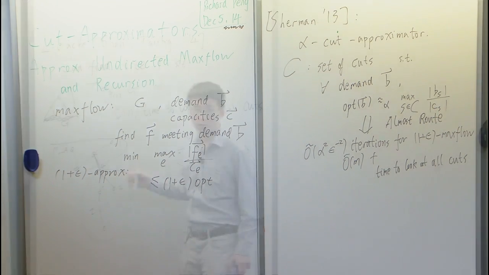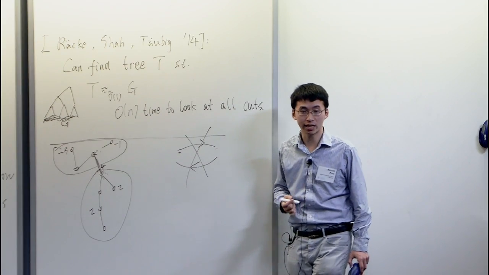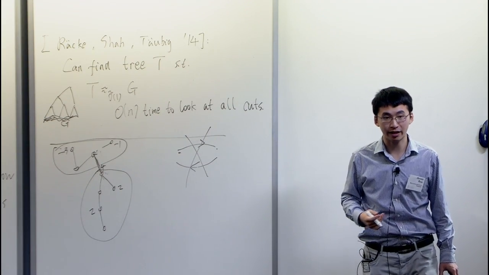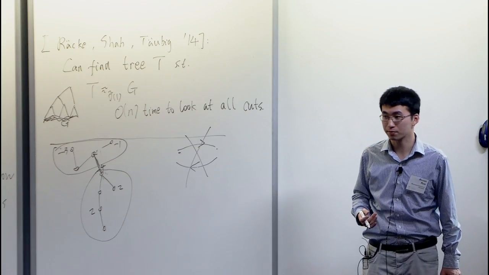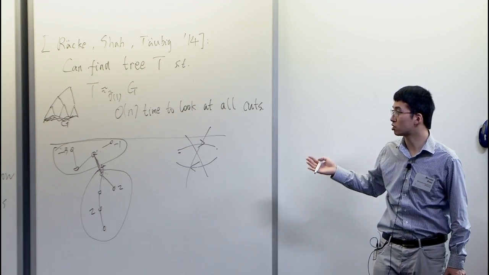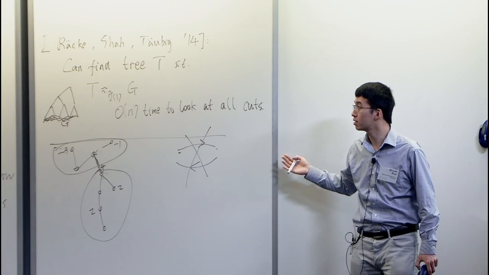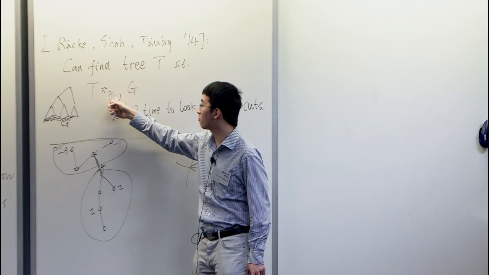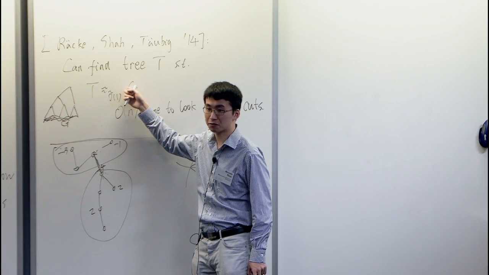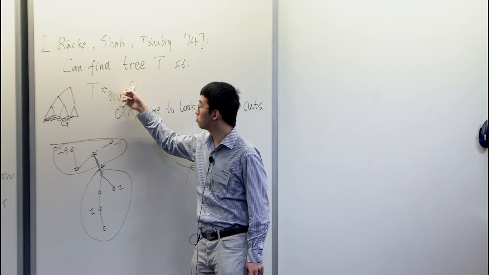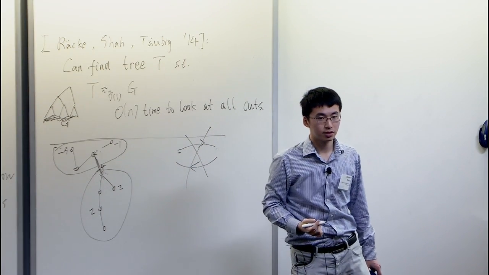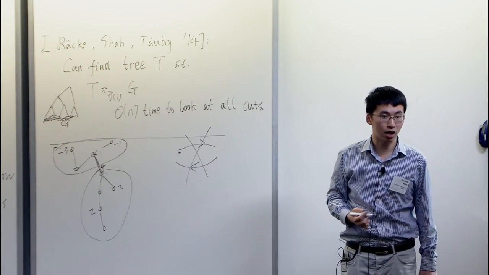So from a tree, what we can obtain is an order n sized cut approximating family that can be evaluated in order n time. This is pretty much the best we could ever hope for in a graph. And the fact that this tree is within a polylog factor of the graph G also means that this is a polylog factor approximation of all cuts in G.